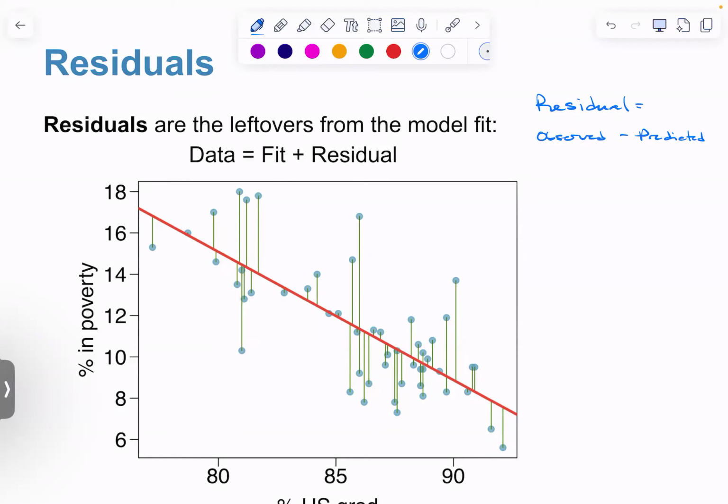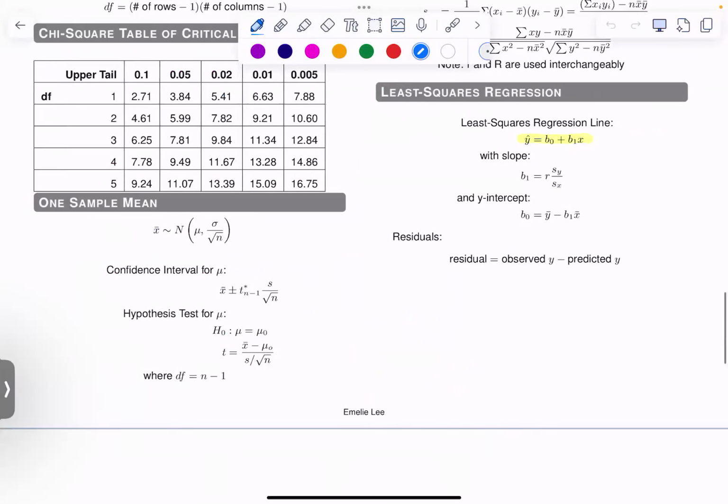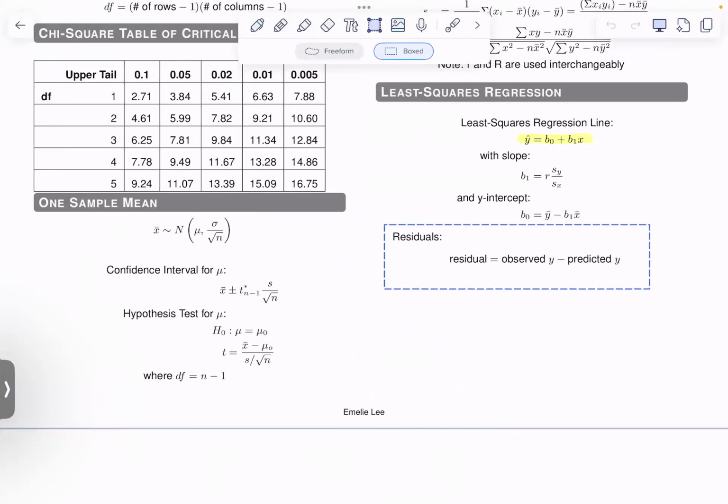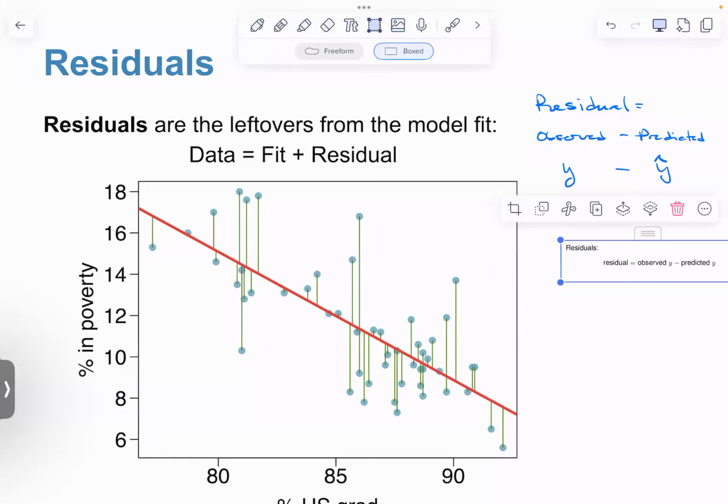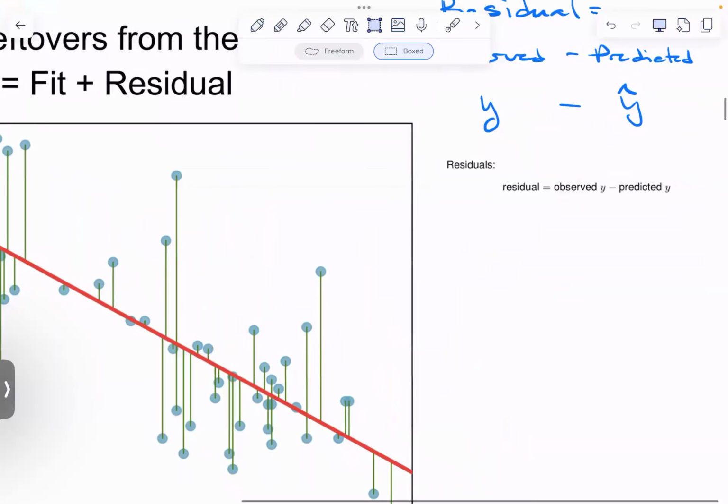Observed value of y minus the predicted value of y, which we conveniently have a y hat for. And what notation did I use? Oh, even on your formula sheet, wow, I'm nice. At the very, very bottom, you have the residual is the observed y minus the predicted y. You can use just y minus y hat.